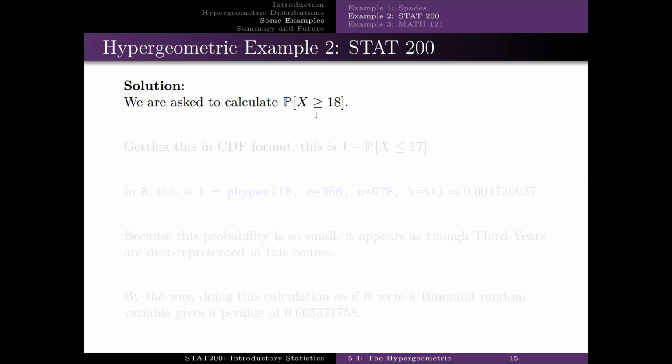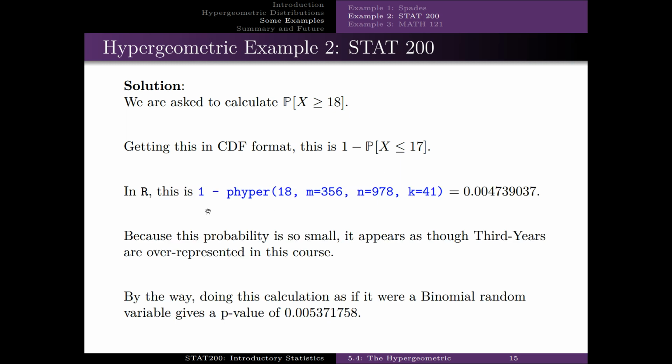This is in the wrong direction. It's got to be a less than or equal to. So using the complements rule, this is 1 minus the probability of x is less than or equal to 17. This is what it is in R, 1 minus the probability under hypergeometric of x being less than or equal to, oops, that should be a 17.